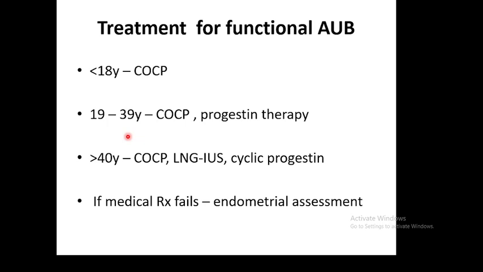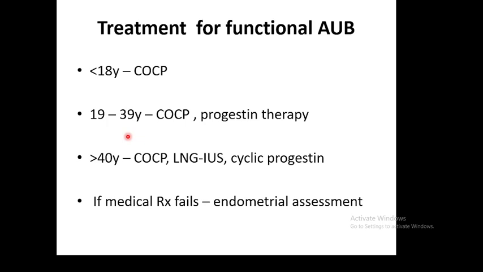Usually in AUB under 18, that is mainly because of HPO immaturity. We give COCP in that age group, second decade of life. Then in the third and fourth decade of life, we use COCP. Sometimes we can use progestins only.